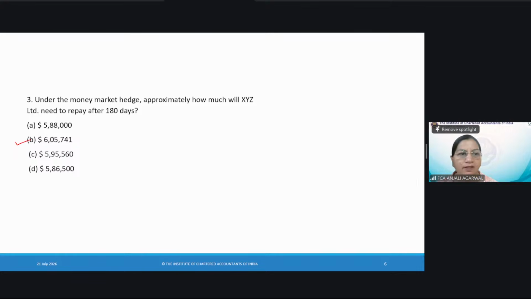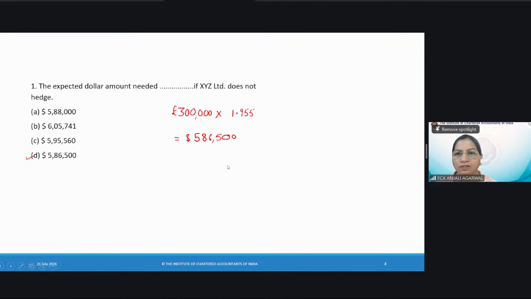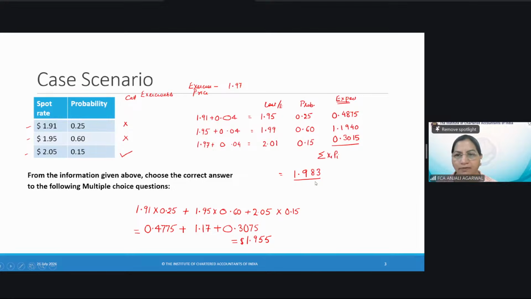Our next question is, if XYZ Limited chooses the call option contract after 180 days, what is the total cost in dollars for 300,000 pounds, inclusive of interest on premium amount? So far we have calculated that the call option will cost 1.983.